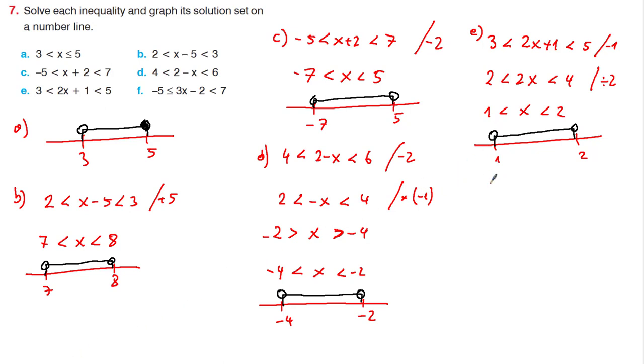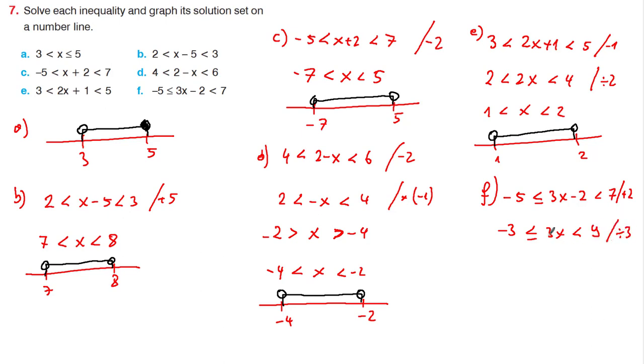And the last one, under F, we get negative 5 is less than 3x minus 2 is less than 7. So then we add 2 to both sides and we get negative 3 is less than 3x is less than 9.